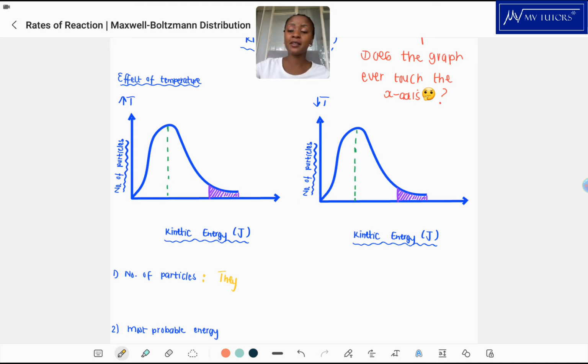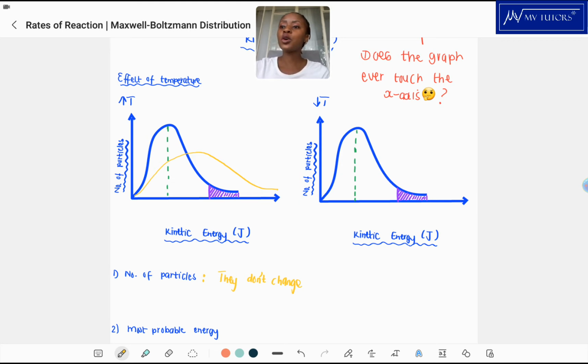But your peak will have to reduce. So this is how the graph will now look: it will be much flatter when you increase the temperature.